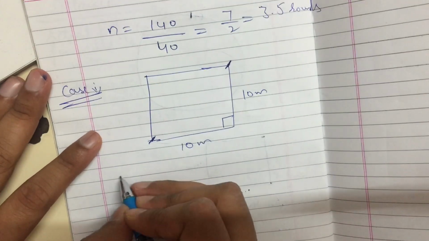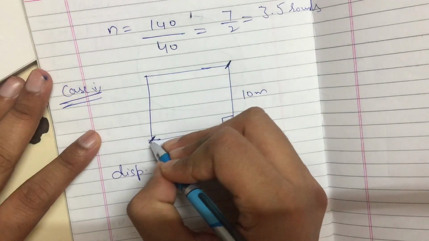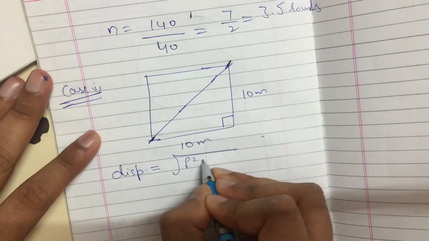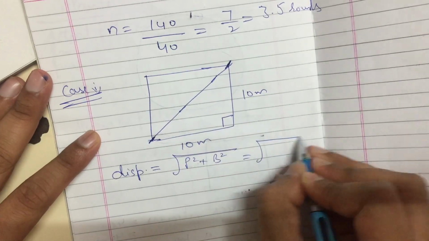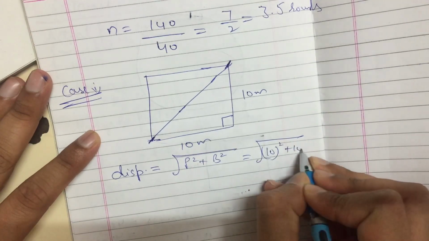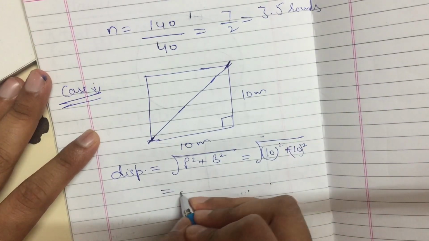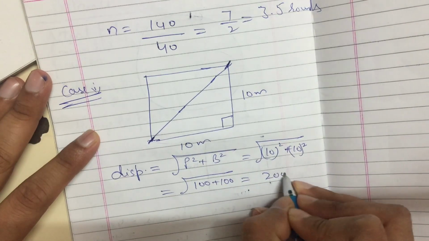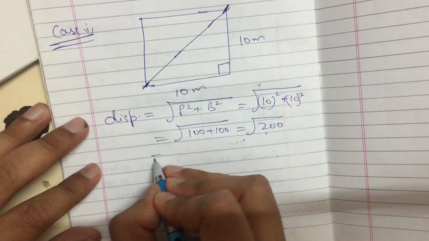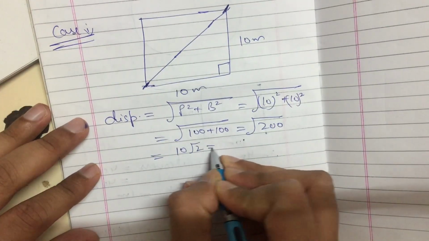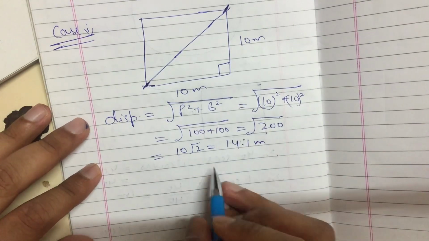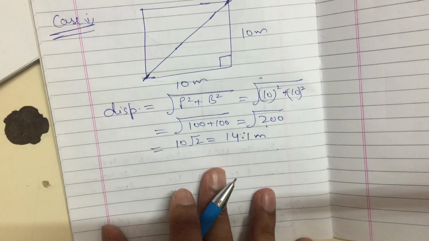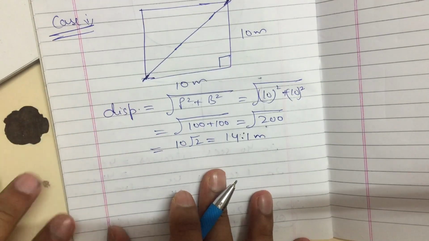So using the Pythagoras theorem, displacement will be this diagonal, equal to the square root of p square plus b square, or square root of 10 square plus 10 square, or square root of 100 plus 100, or square root of 200, which is 10 root 2. Root 2 value is 1.41, multiplied by 10 is 14.1 meter. For this case displacement will be 14.1 meter.